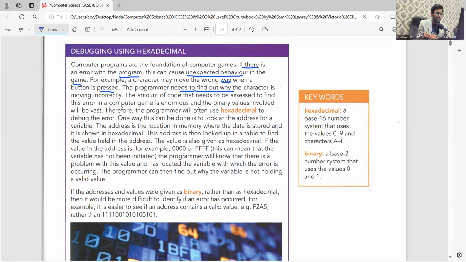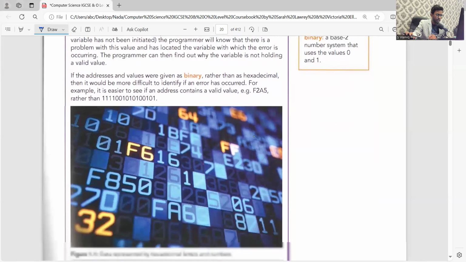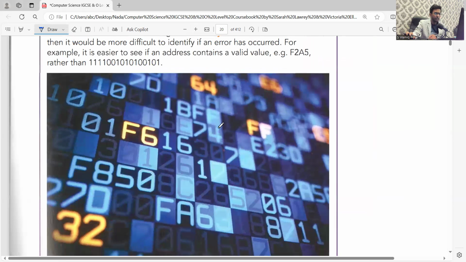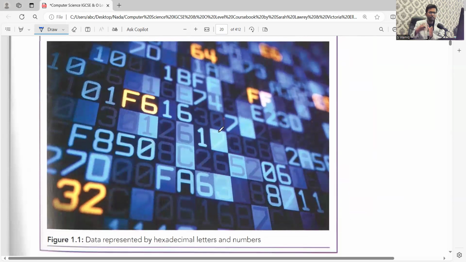And to solve that, the programmer searches for that piece of code, and against that piece of code the programmer assesses what the problem is, what is the error in this. So similarly, I also need to discuss with you what is this numbering system, or what is this binary.